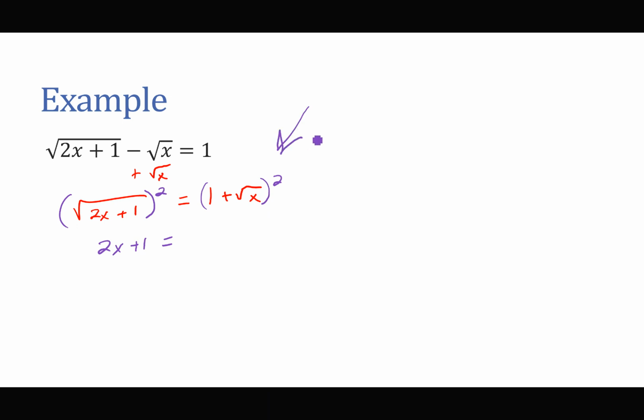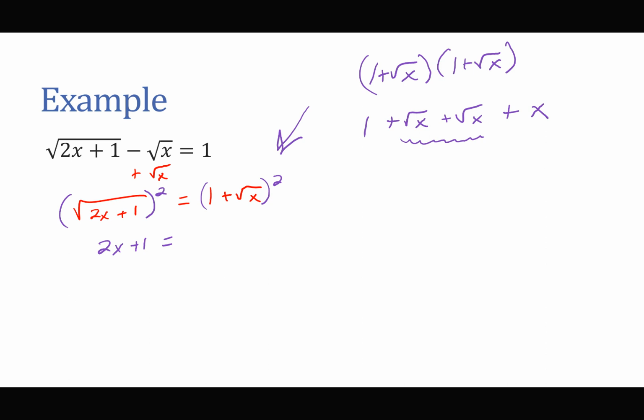Now this, we can't forget how to do these. I mean, we still do it with FOIL, but this gets back into foiling with radicals in there. So 1 times 1 is 1, plus root x plus root x, plus x. So root x times root x is just x.